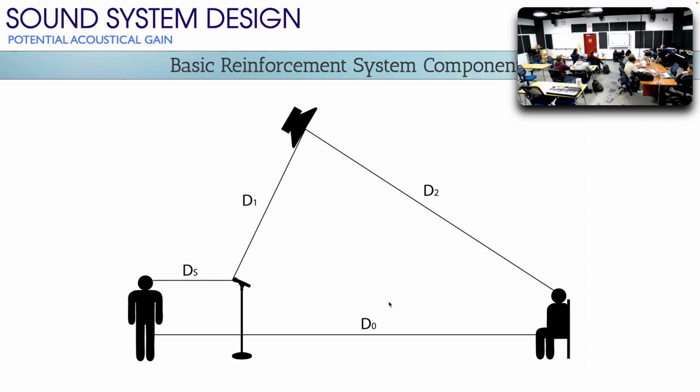So the distance between the talker and the microphone has some significance that we'll discuss. The distance, and I'm labeling that ds. The distance between the talker and the listener has some significance, which I'm labeling d0. The distance between the microphone and the loudspeaker has some significance, and I've labeled that d1. And the distance between the loudspeaker and the listener is also significant, and we will call that d2. Does that make sense? It's just a label that we can use in a mathematical equation in a moment.